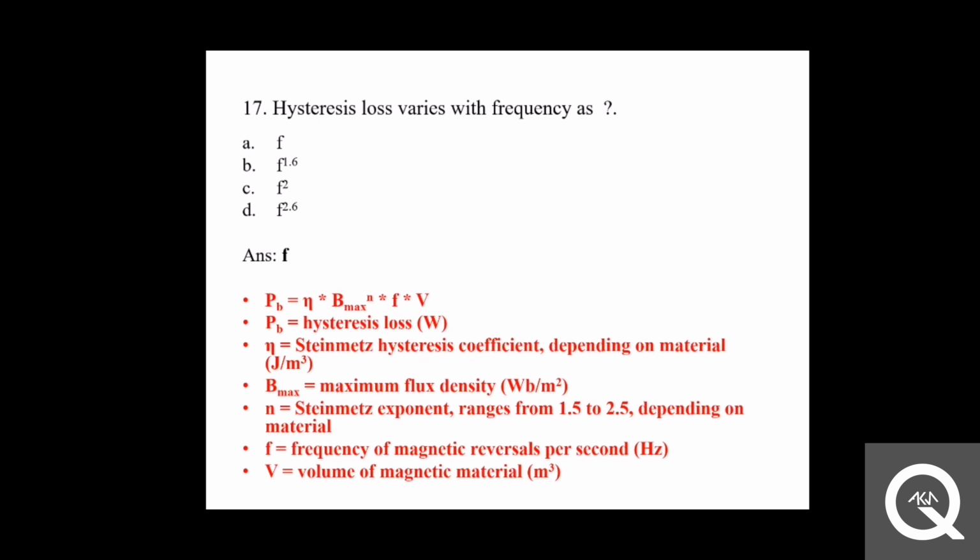The hysteresis loss is equal to eta into B max raised to n into F into V. Here, Ph is the hysteresis loss, eta is the Steinmetz hysteresis coefficient depending on the material, B max is the maximum flux density, n is the Steinmetz exponent ranging from 1.5 to 2.5 depending on the material. For silicon steel, it is 1.6. F is the frequency of magnetic reversal per second and V is the volume of the core.